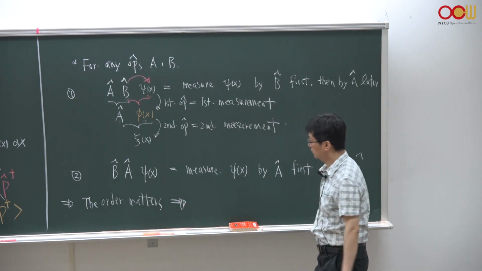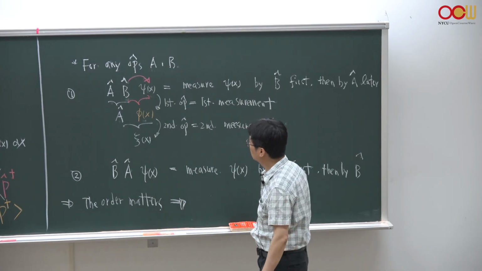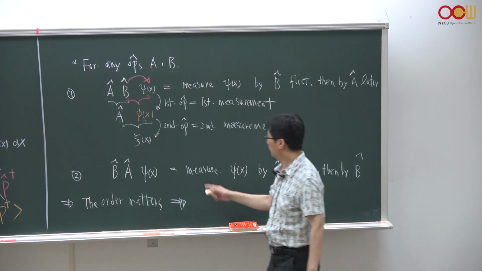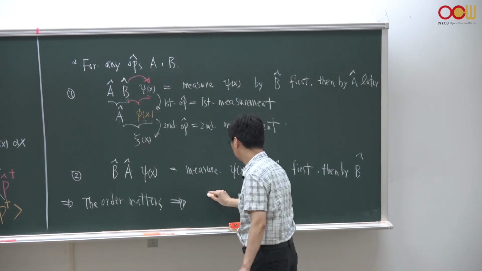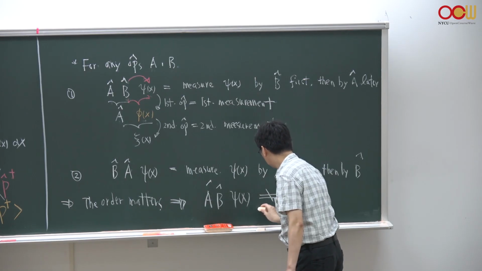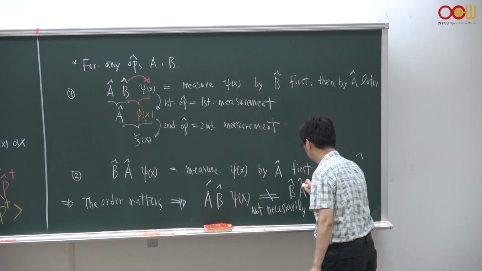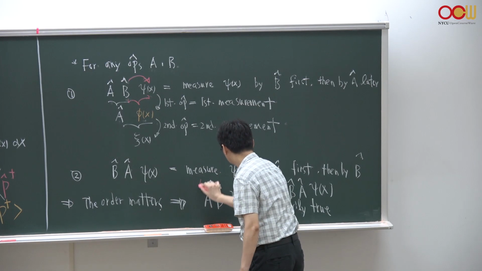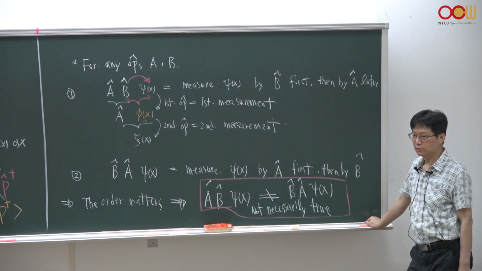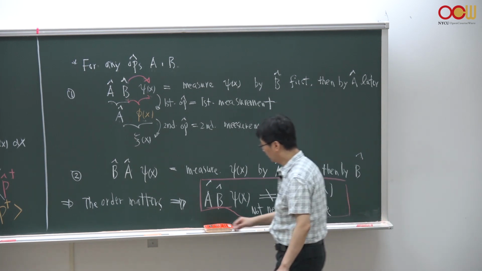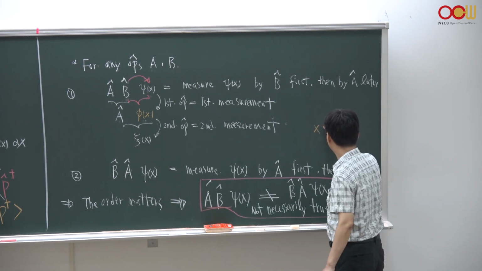So this means that it is not necessarily the case that AB acting on psi is the same as BA acting on the same state. It's not always true. In general, it is not true. We will see an example. You already learned this example, x and p.